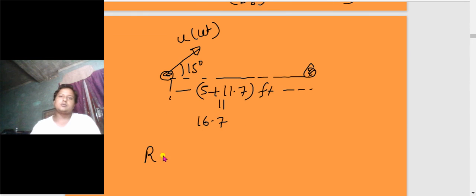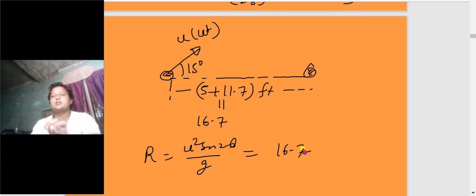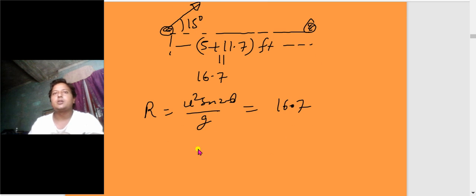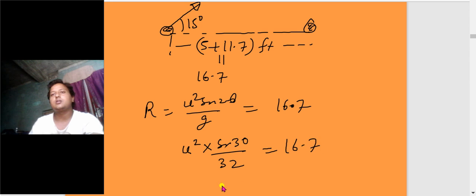Using the range formula, u square sin 2 theta over g, the range is 16.7. So u square sin 30, g is 32 feet per second square.